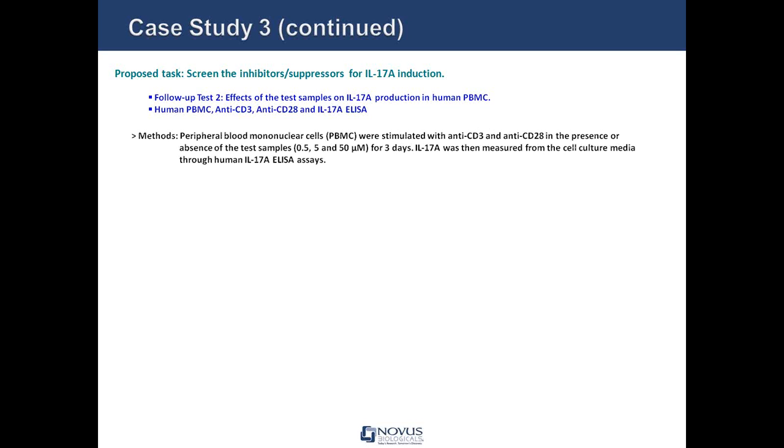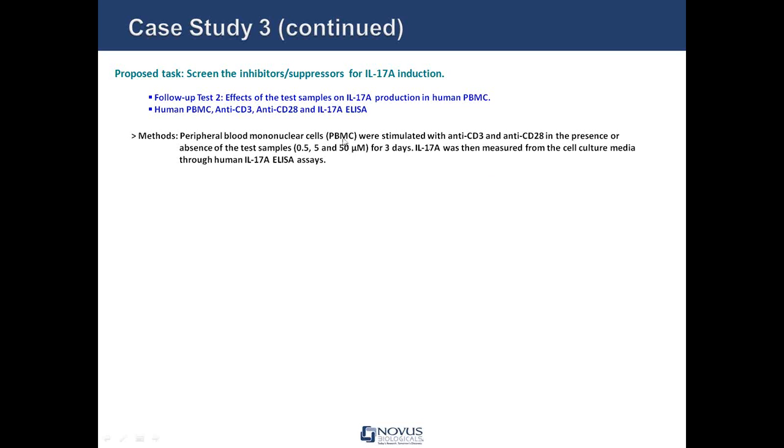The method was that PBMC were stimulated with anti-CD3 and anti-CD28 in the presence or absence of the test samples, at 3 different concentrations, for 3 days. IL-17A was then measured from the cell culture media through a human IL-17A ELISA assay.